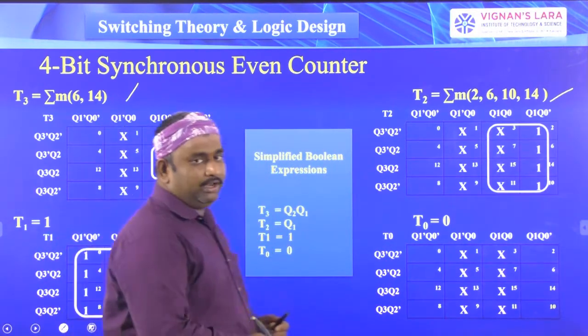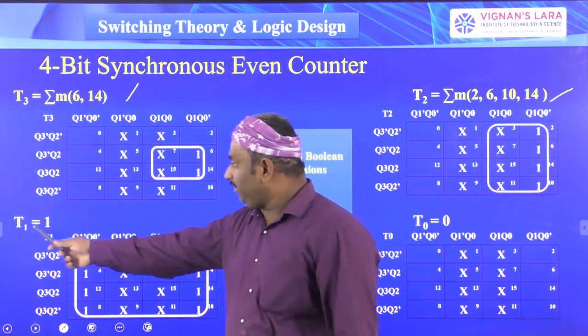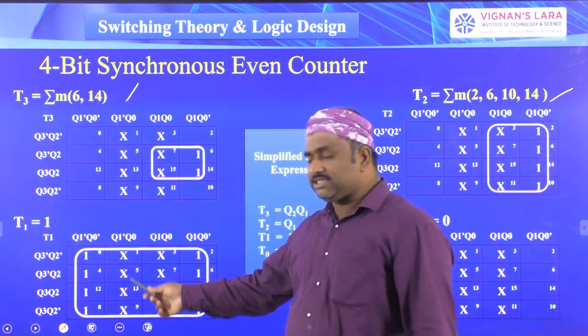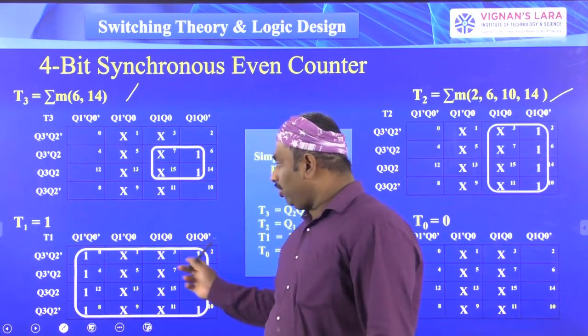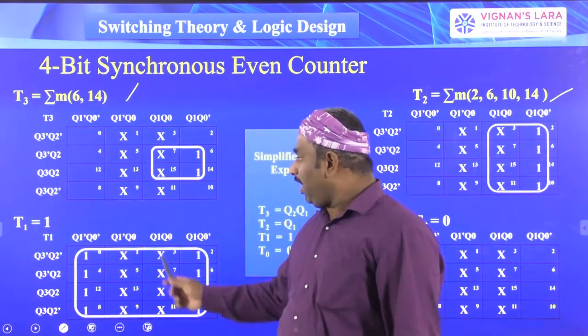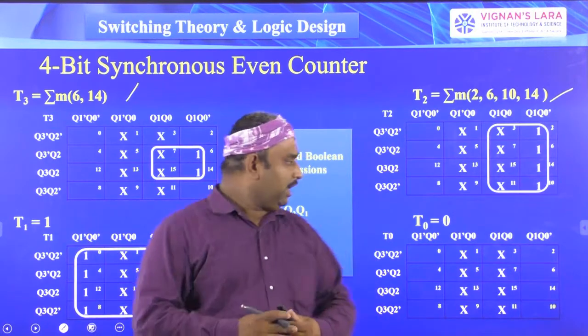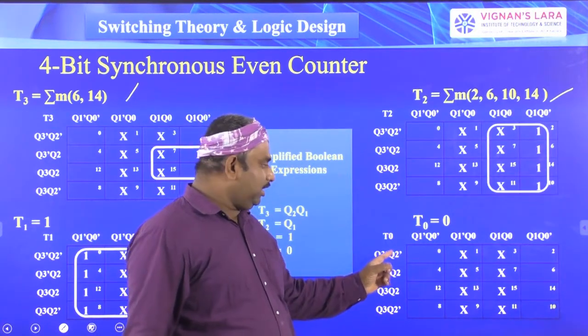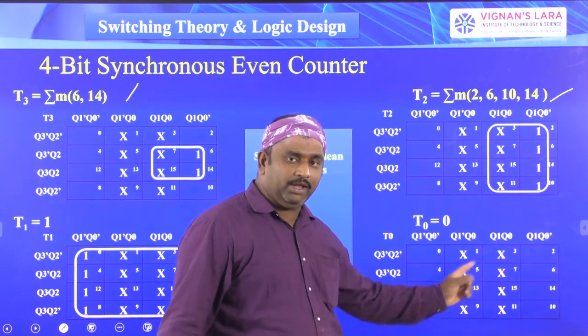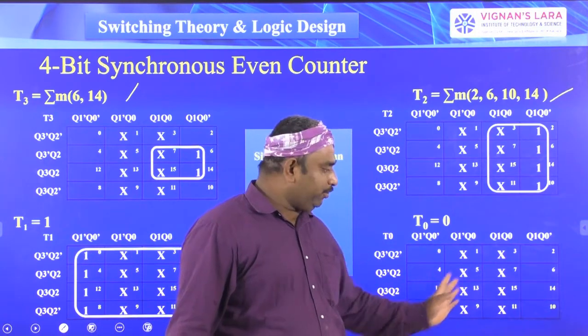So let us see here. I have drawn T1 is equal to 1. Why? Because here some don't care terms are available and some 1 terms are available. In total, we make a group of 16 and the final output is equal to 1. And for T0, I have represented only don't care combinations, but I don't have any ones.